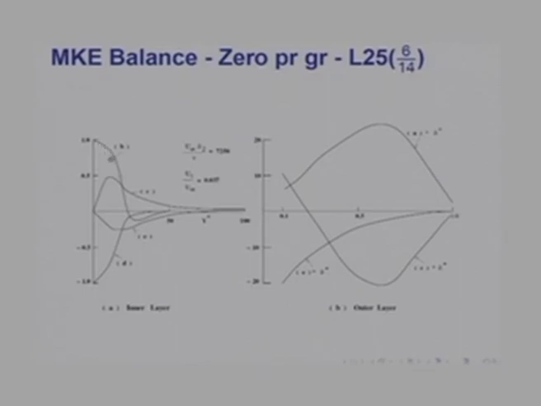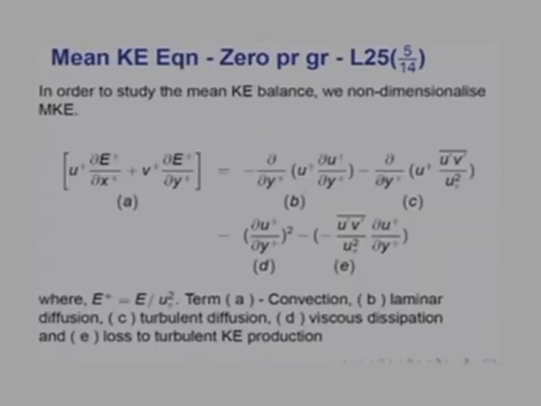We said viscosity does play its role in diffusion, and it is almost completely balanced by the viscous dissipation, that is the term D here. Term C and term E, you will recall, are: term C is the turbulent diffusion, and term E is the loss of energy to production of turbulent kinetic energy.